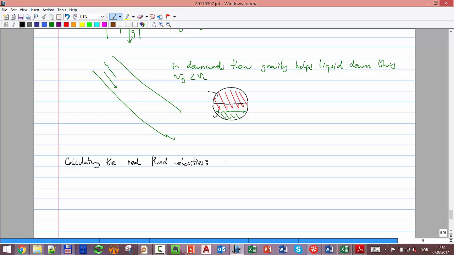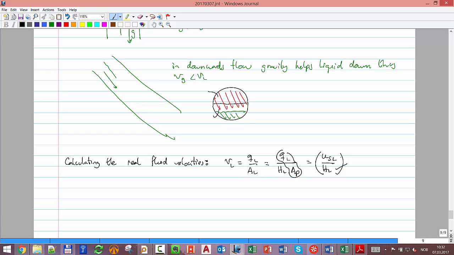The real velocity of the liquid is equal to Q of the liquid divided by the area of the liquid. And the area of the liquid is the holdup times the area of the pipe. That part is the superficial velocity of the liquid divided by the holdup of the liquid.